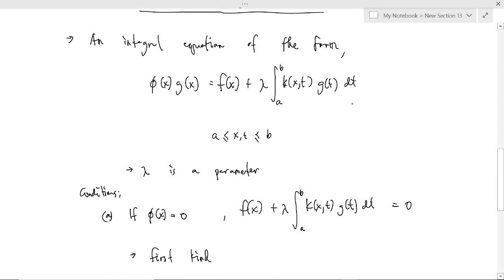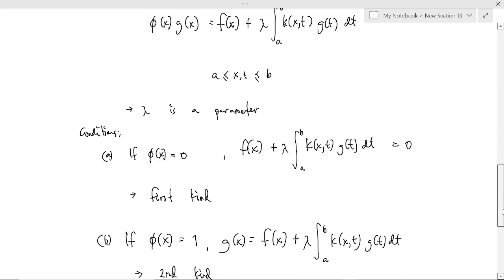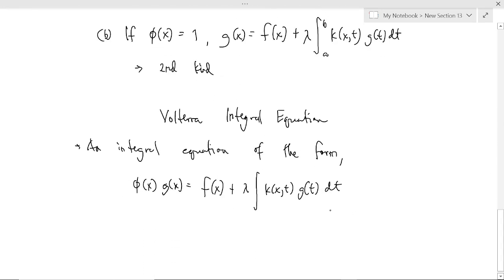Okay, this is from a to b. However, in the Volterra integral equation, the limit is actually from a to x. This is the only difference.